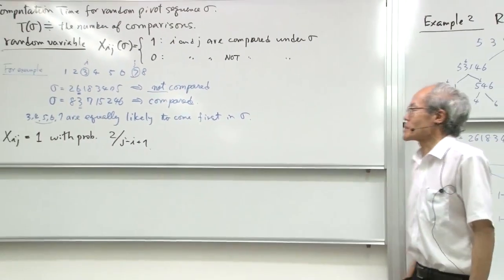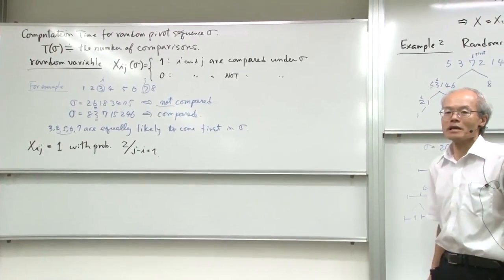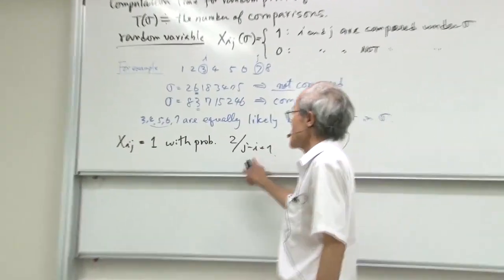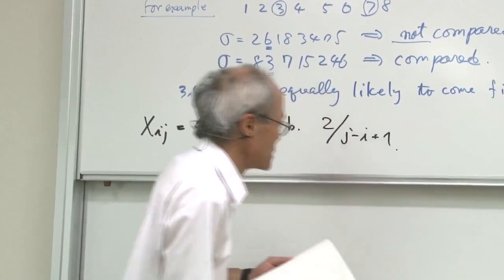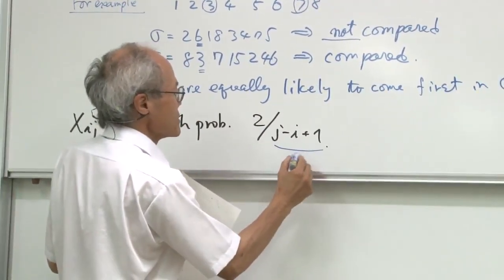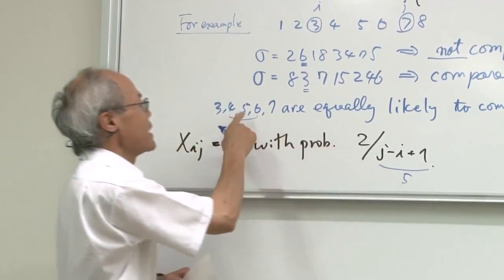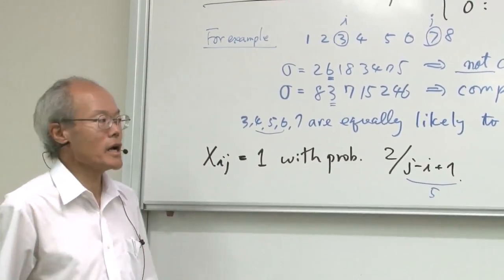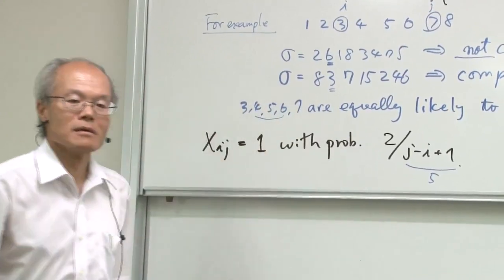we can calculate the probability of Xij equal to 1 as this. 3, 4, 5, 6, 7 are 5 numbers, and 2 of them are the two end numbers.